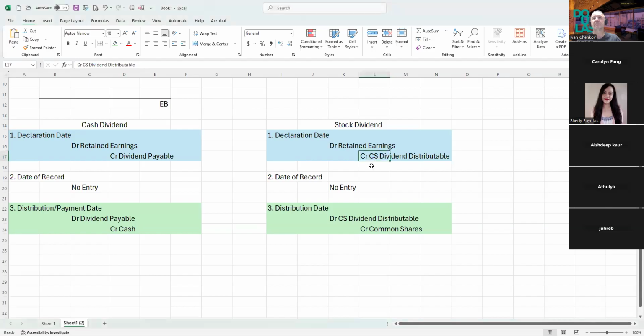Do you see payable? No. What does that mean? No liability. And we settle this dividend distributable with the common shares. We're not touching the assets here. We're increasing the amount of the common shares. Let's go back to the slides.